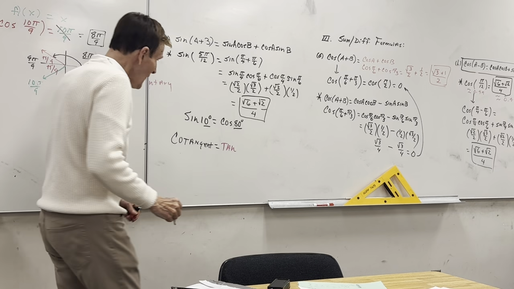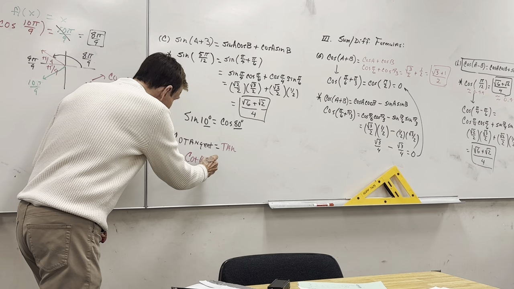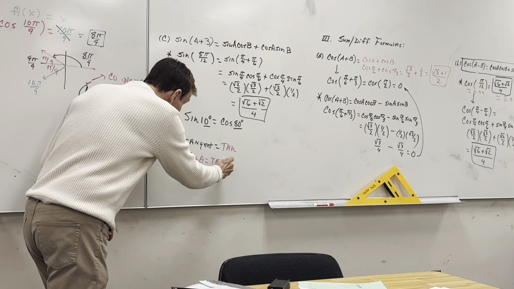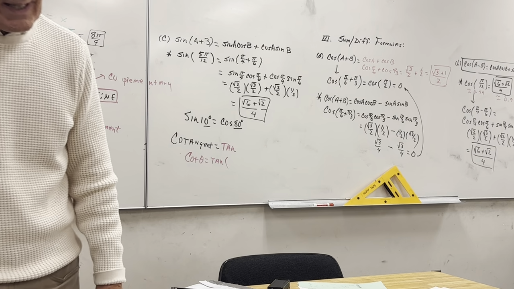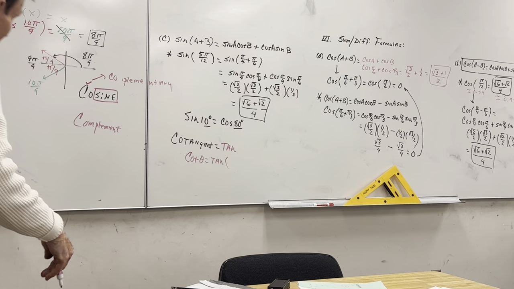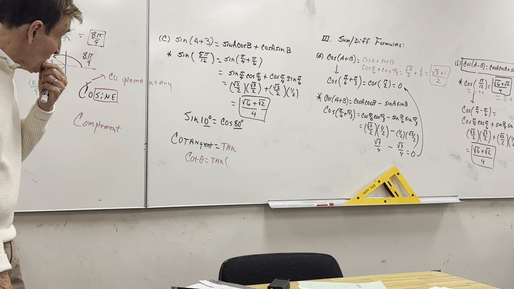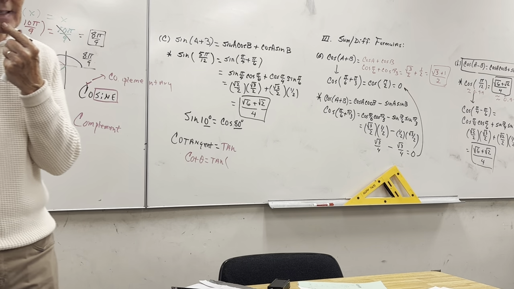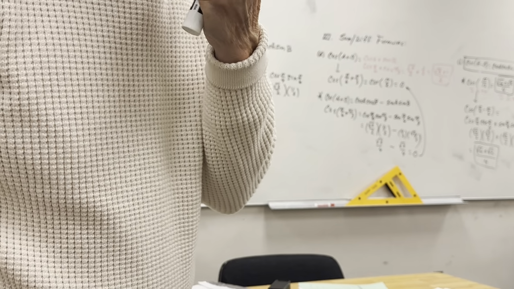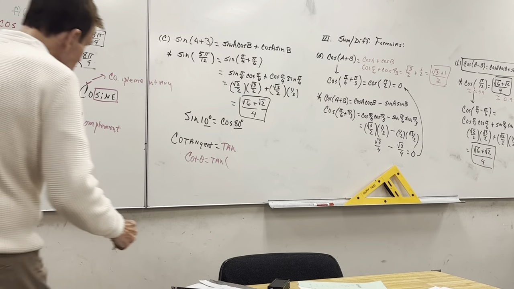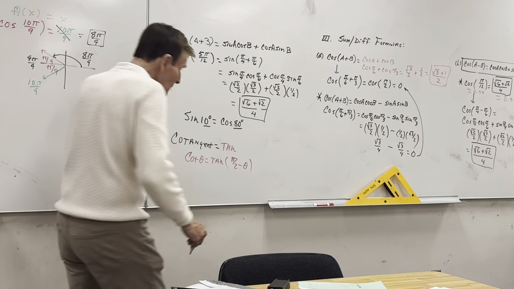Anyone in this brilliant class, can someone tell me a nice way to express, if I just say theta and I don't give you a specific number, what they should be equivalent to? Cotangent theta is the same as tan of its complement. How would you express theta's complement? Pi over 2 minus theta. Thank you, 90 subtract theta. That's a true statement.